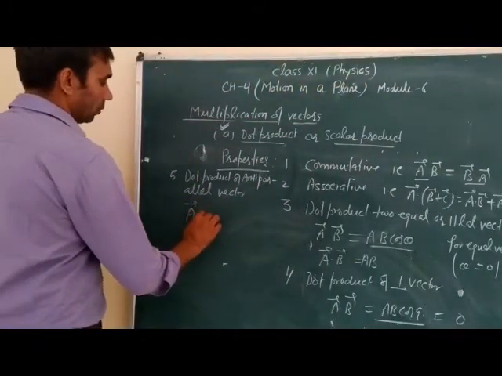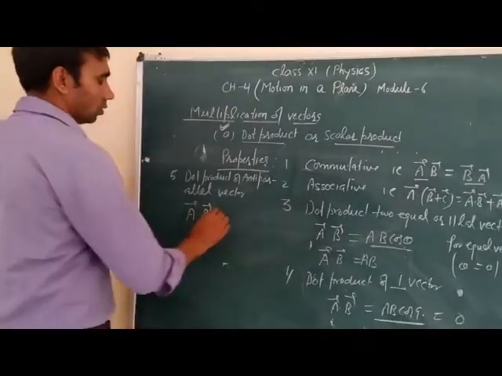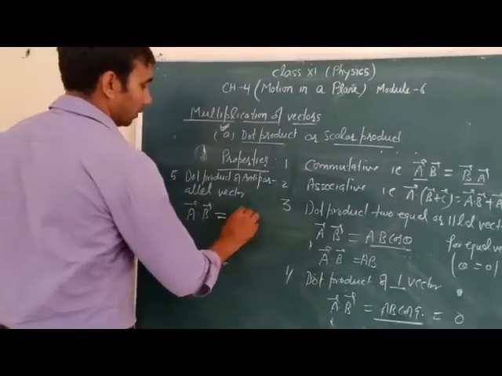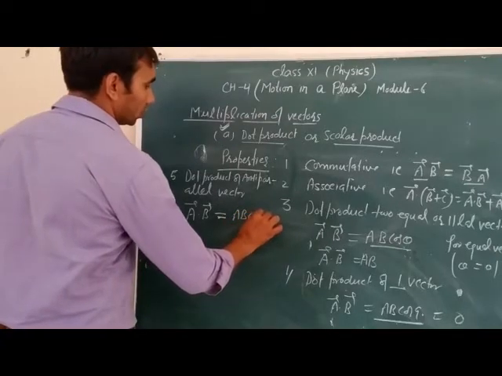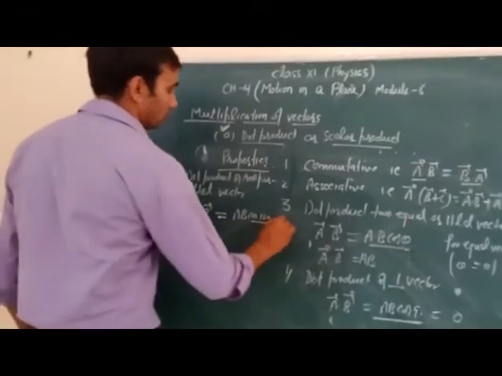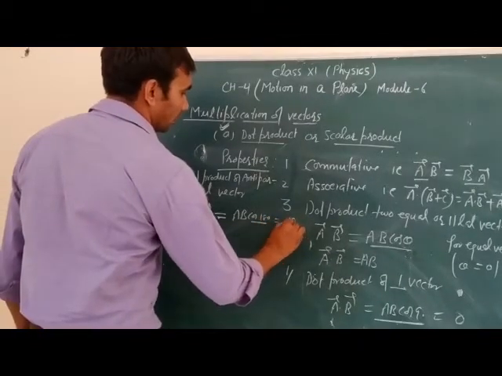Therefore, A dot B is equal to AB cos 180 degrees. Cos 180 is minus 1, so that is equal to minus AB.